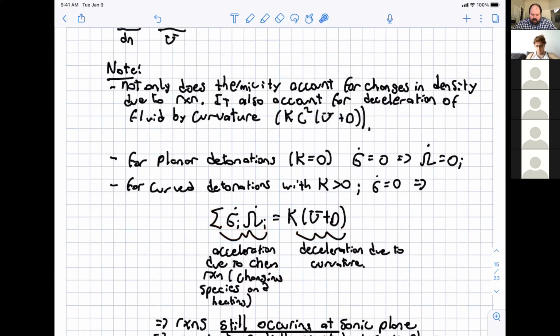And so essentially the process is identical to integrating the structure equations for planar detonation, with the exception that we have this extra curvature term to deal with.